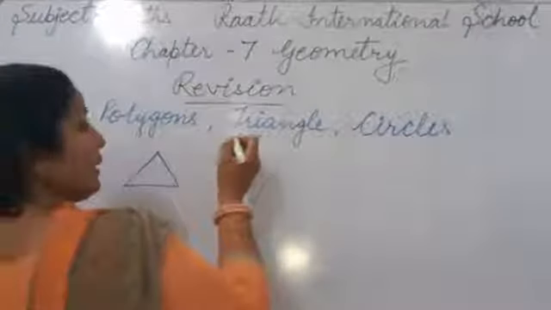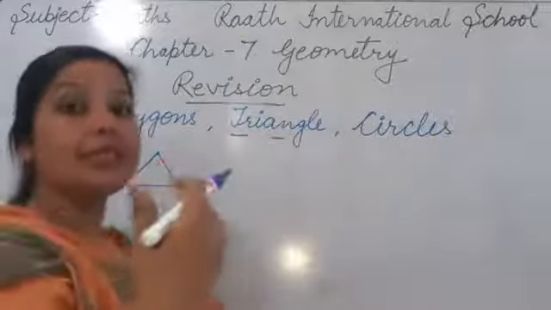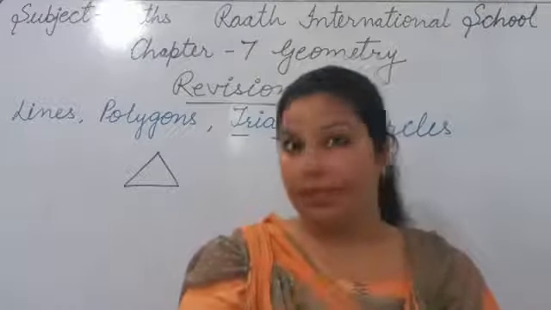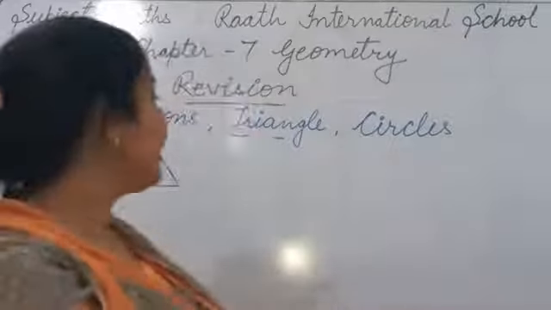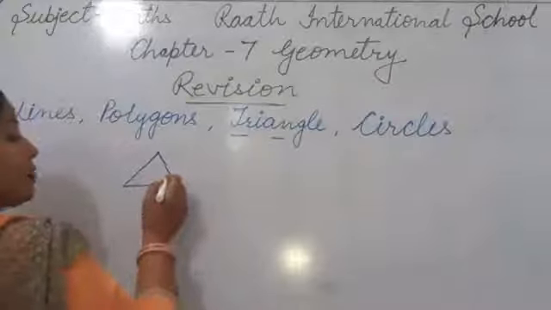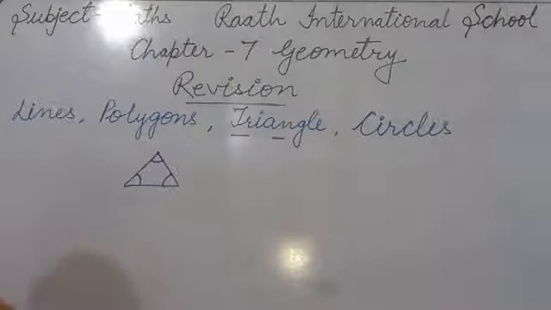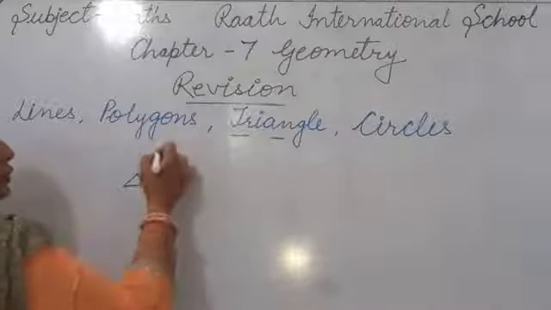Triangle को जब हम break करते हैं, it becomes tri-angle. Tri means 3. Angle means angle जिसमें बनते हैं. So in a triangle we have 3 angles, 1, 2, 3. Clear? 3 angles, 3 vertices, 1, 2, 3.